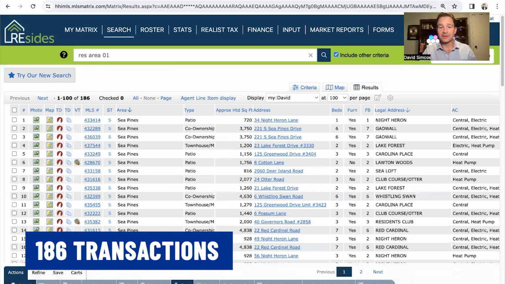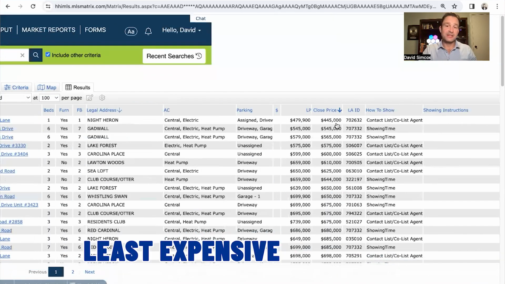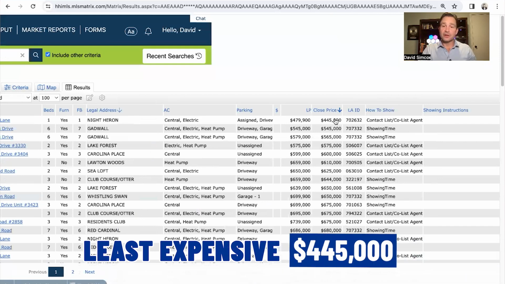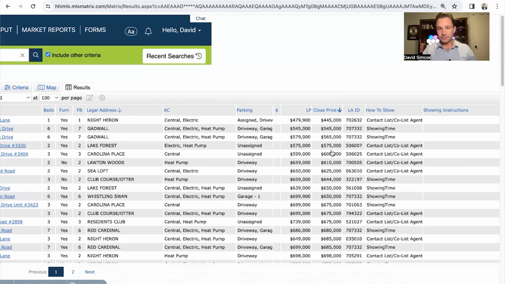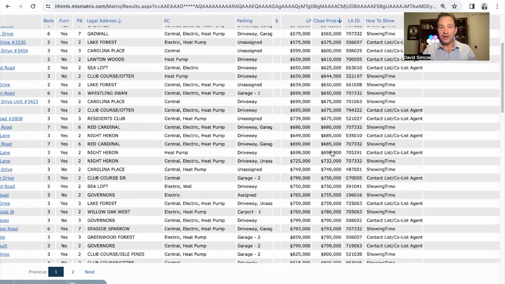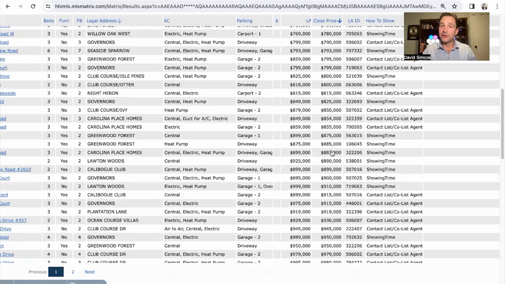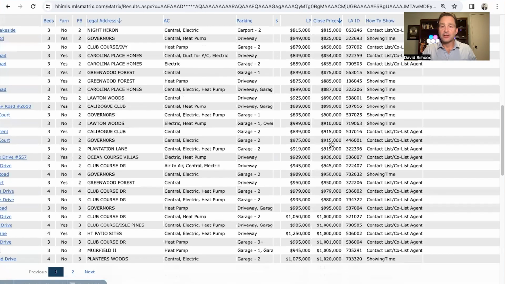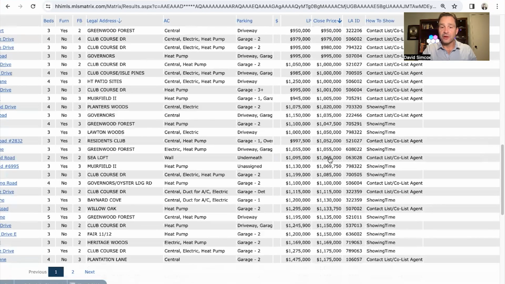186 to be specific. Least expensive, $400,000, just a couple in the 500s. They jump into the 600s, 700s, probably something in almost every price point in here. I'm going to keep going, but 800, 900, jump into the $1 million plus range very quickly.